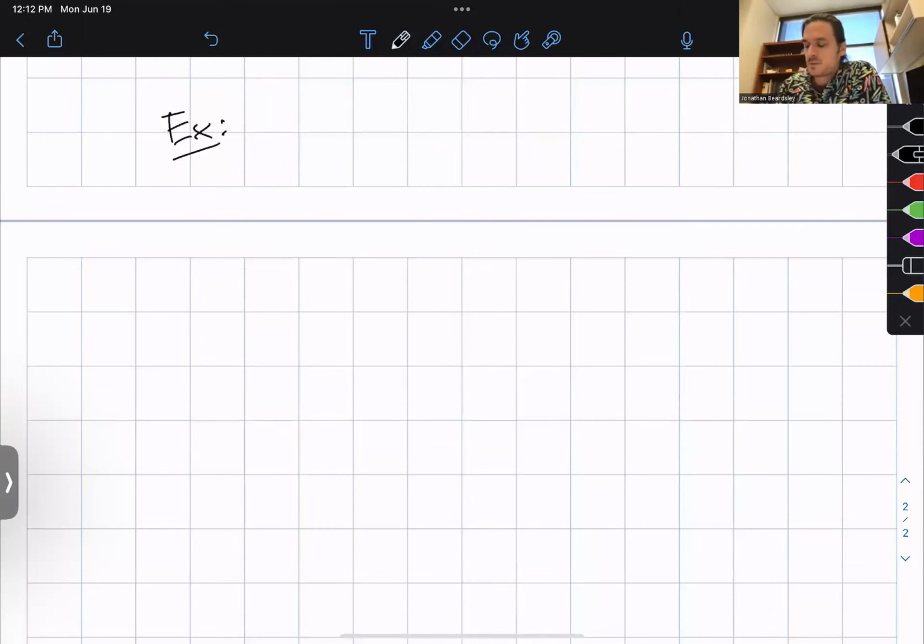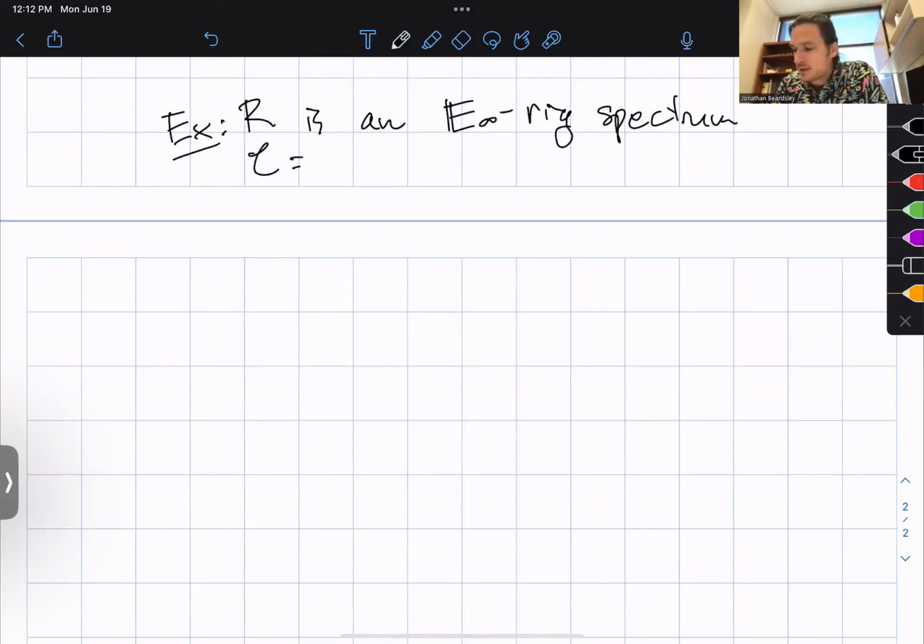So a fun example, which is what we're going to be focusing on for the entire talk: R is going to be an E-infinity ring spectrum. And our category C is going to be the category of left modules over R, left module spectra.